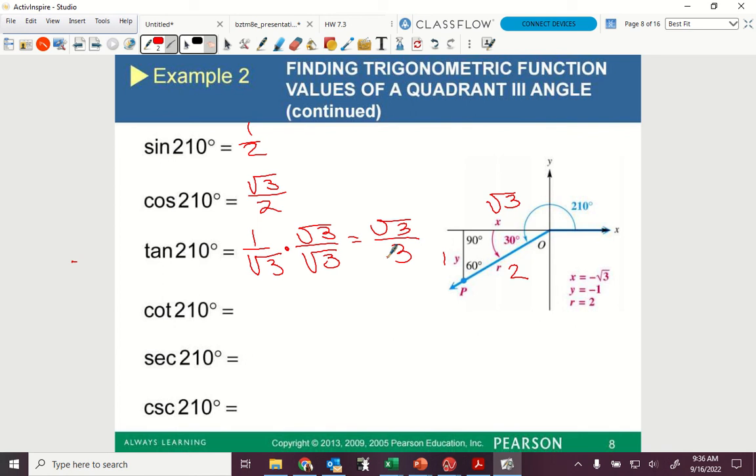Cotangent is what? Cotangent is x over y. So my x value is rad 3, y is 1. All right, secant.